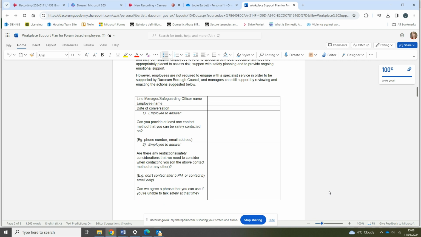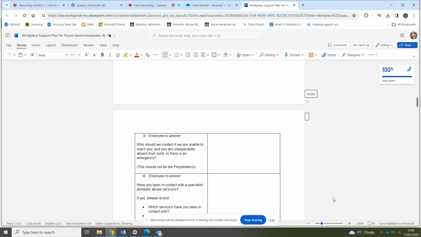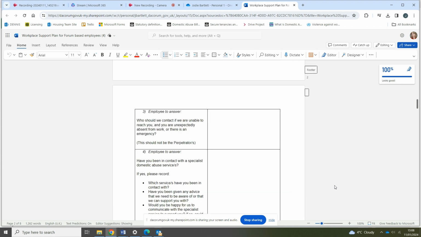So it's really important to take that time to explore that with the employee and to confirm what is safe for them. That may change over time, so it can be updated if it needs to be. You'll also see that it talks about confirming a safe contact if they were unexpectedly absent or if there was an emergency.